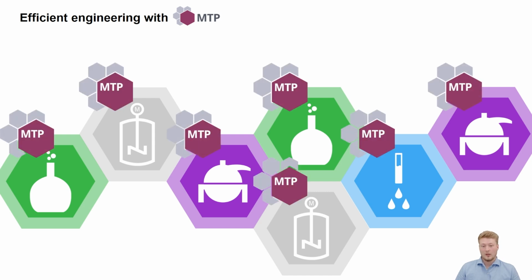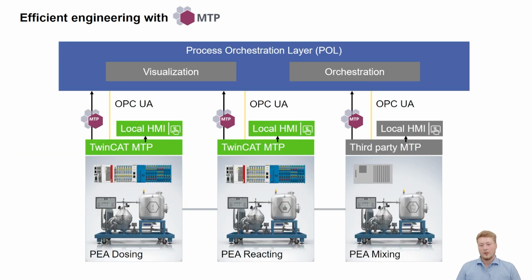This is possible because each module has a dedicated MTP description file that gets imported into the top-level control system for easy and automatic integration. Here we can see it a little bit in an architectural view. So we have the process orchestration layer, or in short POL, on top, which basically does the visualization of all connected modules and automatically generates that from the MTP description files.